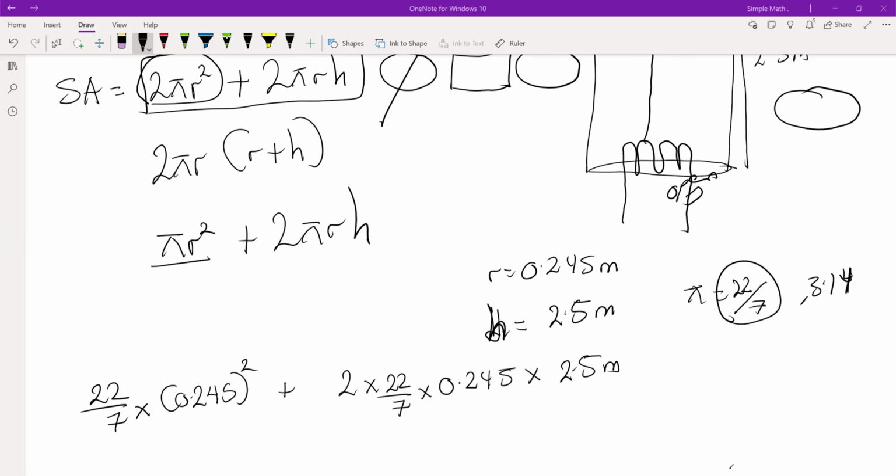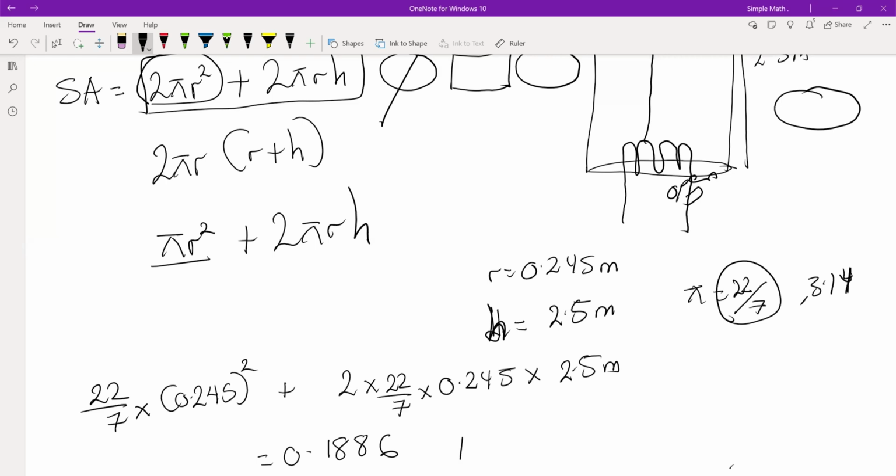All right, so times 22 divided by 7. All right, so we have 0.1886. I'll just use four decimal places for now.